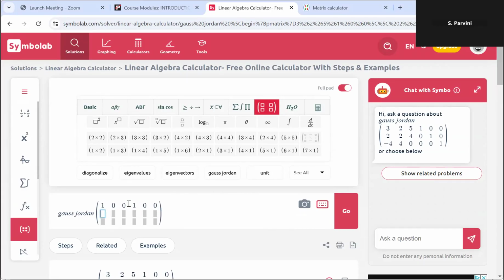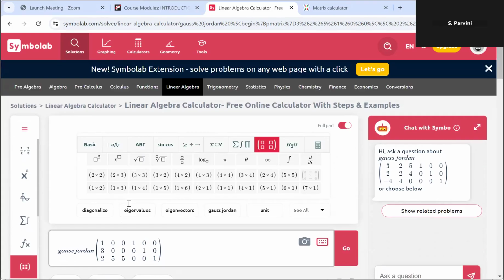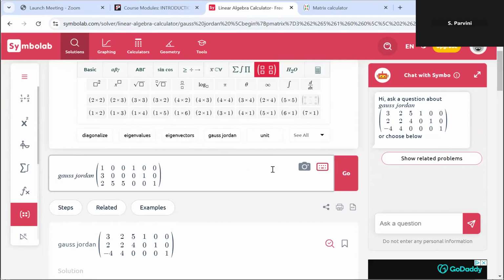Remember, this is the adjoint. The second row of A is 3, 0, 0, and the second row of the identity is 0, 1, 0. The third row of A is 2, 5, 5, and the third row of the identity is 0, 0, 1. Now let's do Gauss-Jordan.